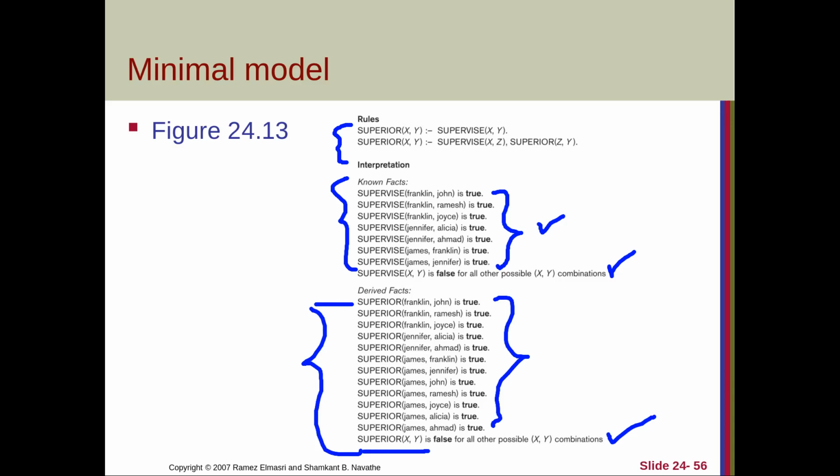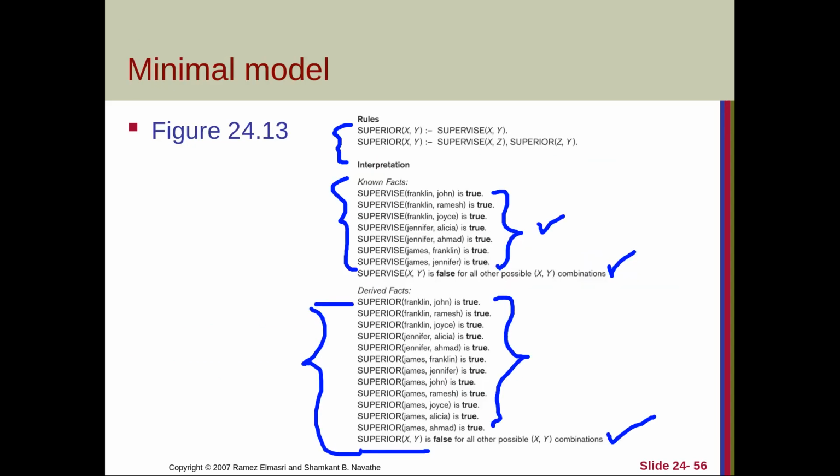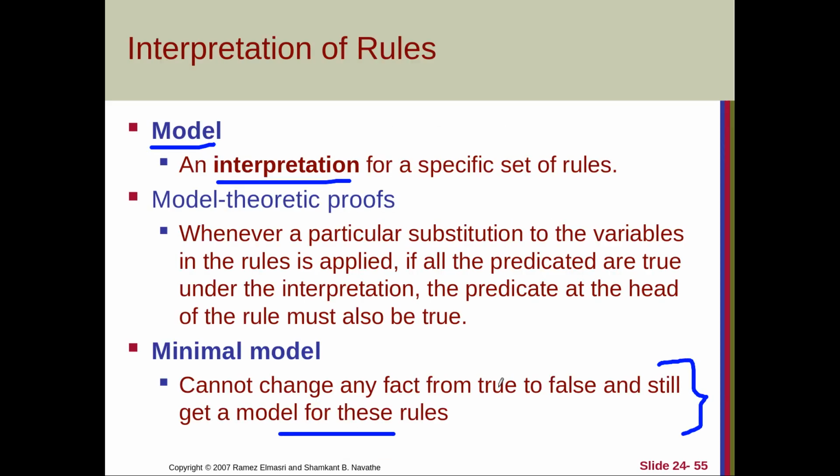Based on that, we derive the new facts as true and conclude that all other combinations are false. So we cannot change any fact from true to false and still get a model for these rules. That is called a minimal model.